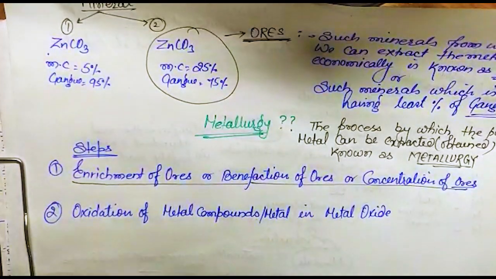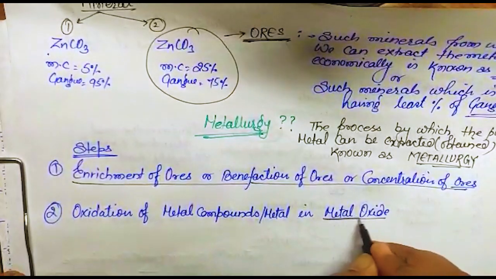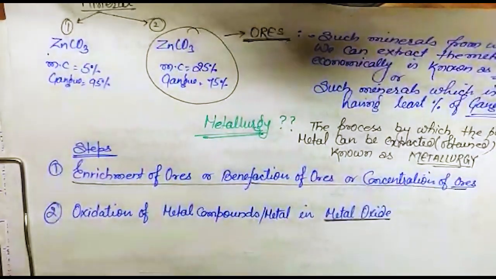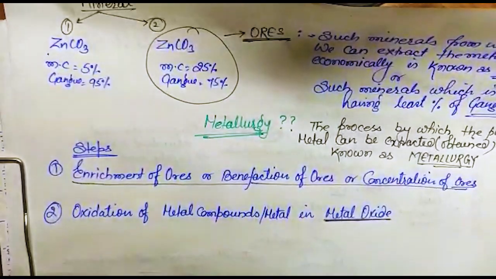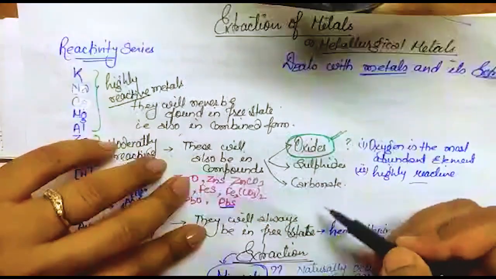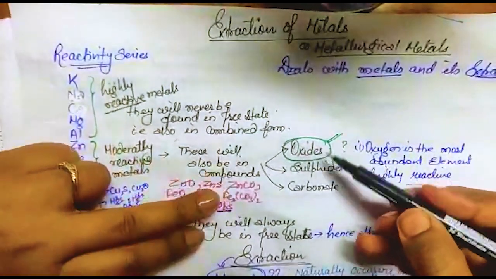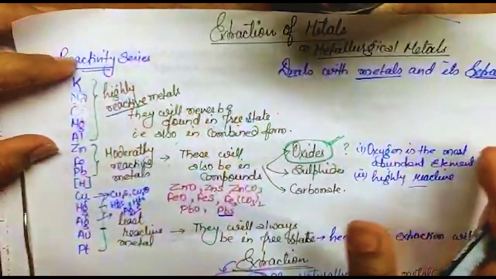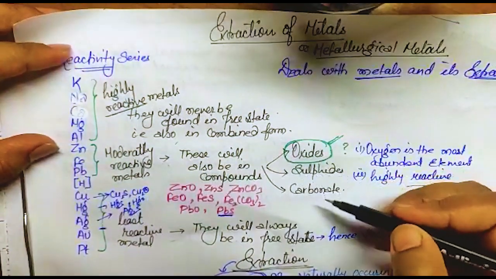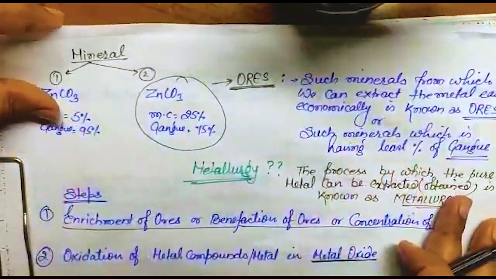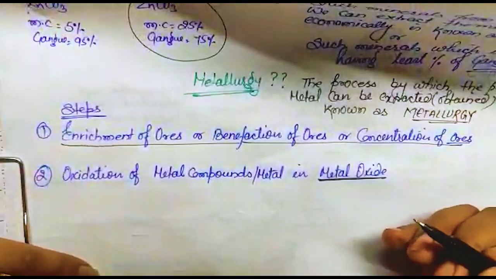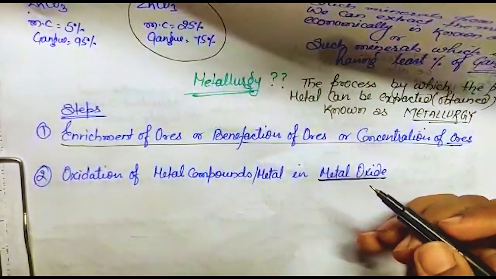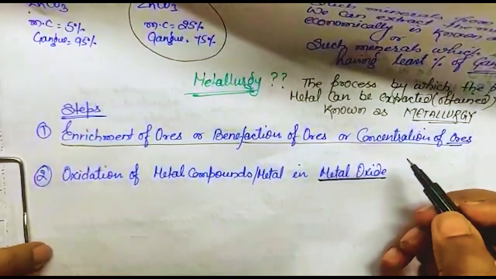I already told you that in general the metals exist in the form of their oxides, but also in the form of sulfides and carbonates. If it is already an oxide, there is no problem. But if it is sulfide or carbonate, it is needed to convert it into metal oxide. We have to convert these metal sulfides or metal carbonates into metal oxides.